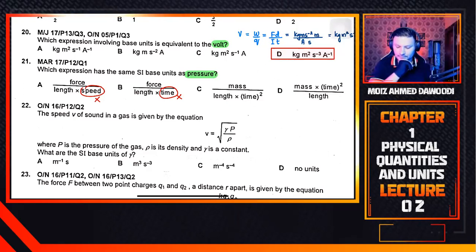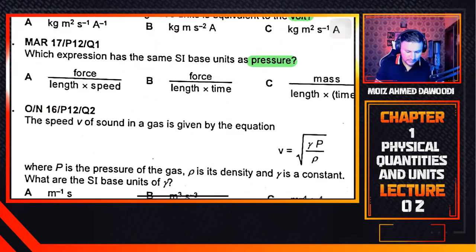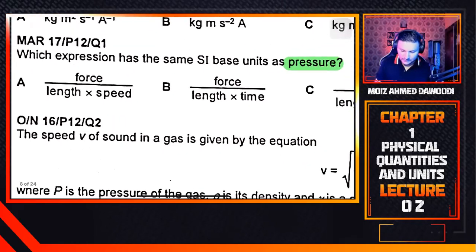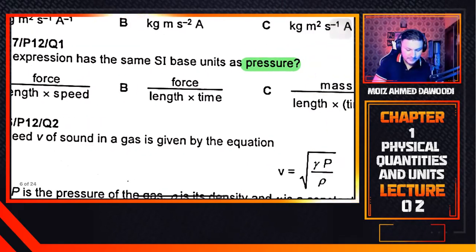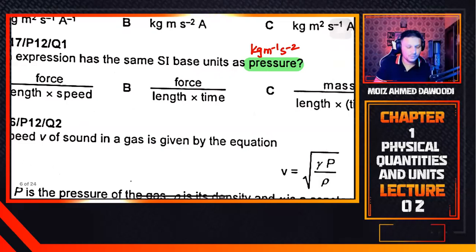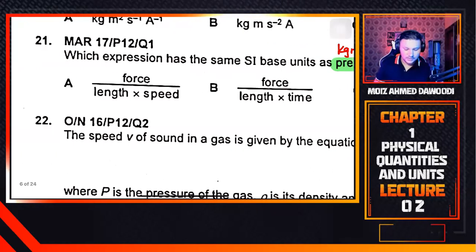Okay, mass into time square upon length. Okay, बेटा इसको पता है क्या करना पड़ेगा, इसको सॉल्व करना पड़ेगा पूरा. ठीक है, प्रेशर की बेस यूनिट क्या है? kg m-1 s-2. ठीक है, अब मुझे हर एक ऑप्शन सॉल्व करना होगा, बिकॉज जिस तरीके से हम करना चाह रहे थे उस तरीके से तो नहीं दिख रहा.